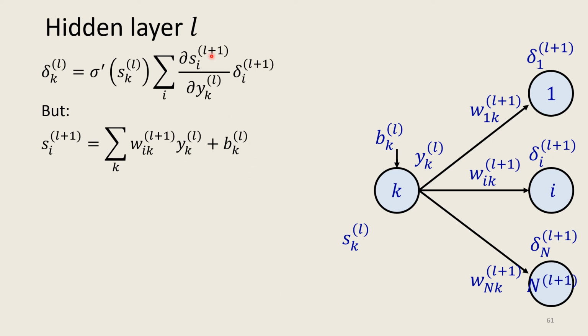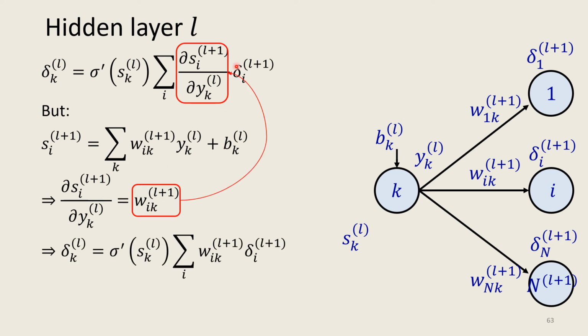So differentiating with respect to YK, the partial derivative is WIK. Whence, replacing this partial derivative with W, we get this expression here. This is our final expression for delta KL.